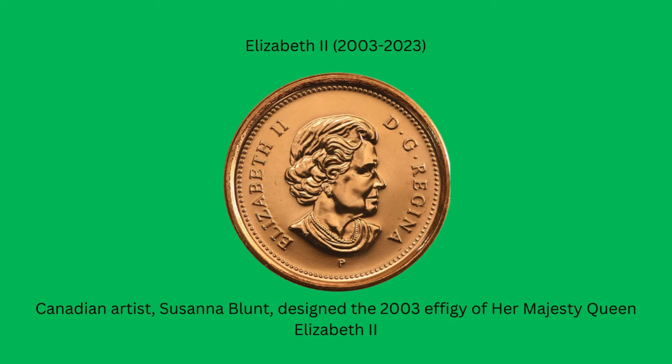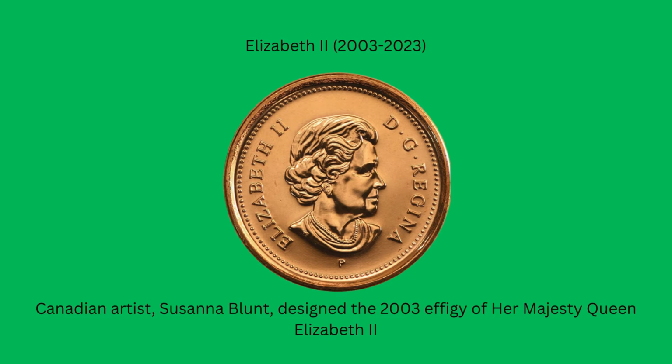In her 9th effigy, Elizabeth II made her final appearance, from 2003 to 2023. Now, Elizabeth passed in 2022, and she didn't make many coins in 2023, only a few special coins.